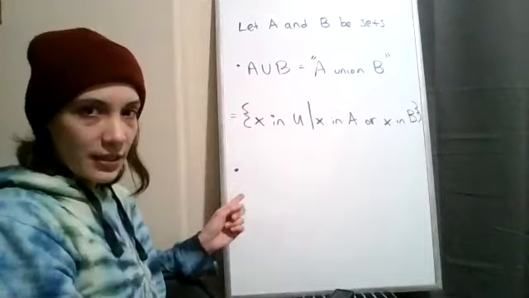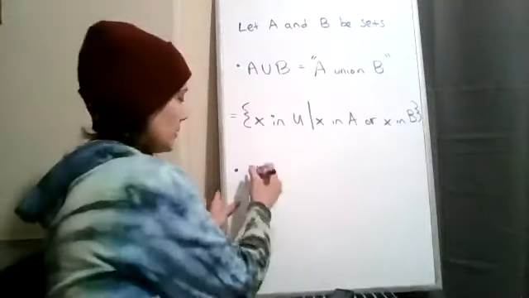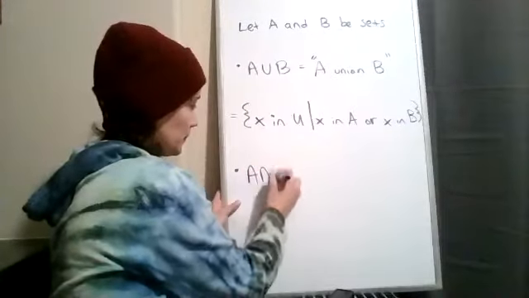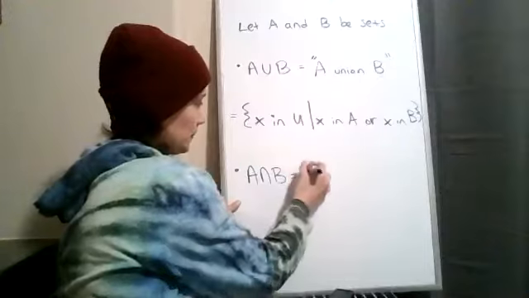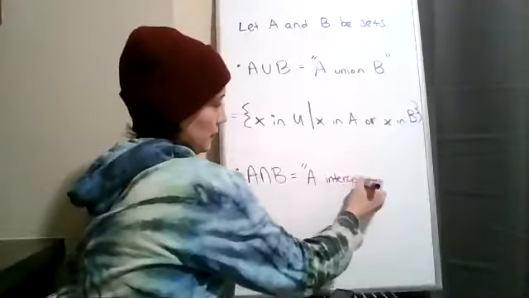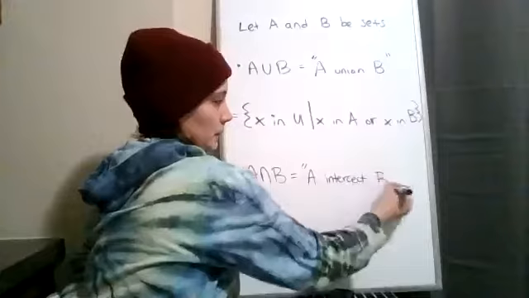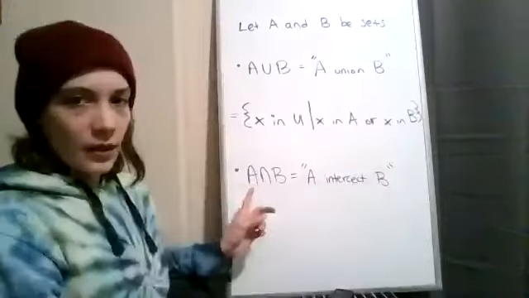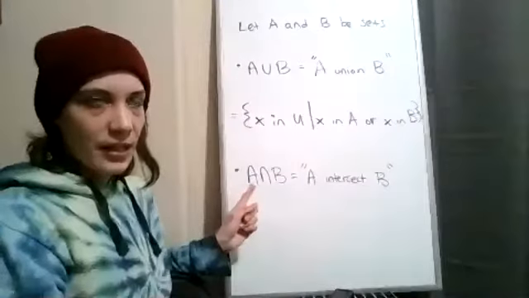There's A intersected with B. So for intersection, you have and.